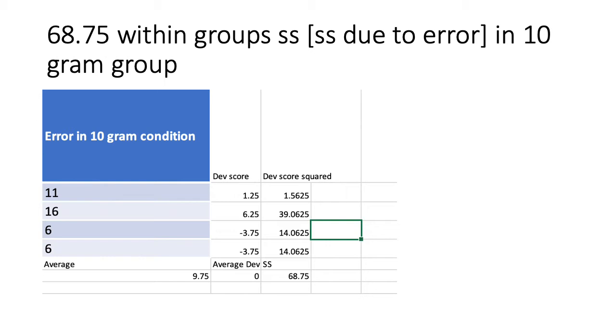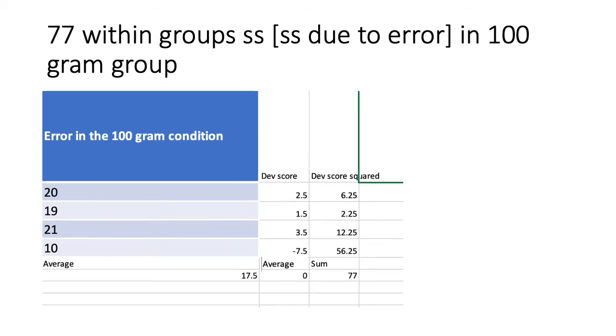I average them or sum them together to make sure they average and sum to 0. If they do, I then square my deviation scores, sum them together, and we can see that within the 10-gram condition, there's 68.75 sum squares, and that's sum squares due to error.